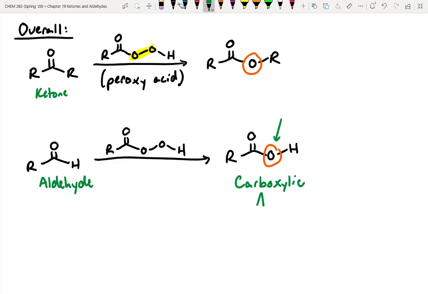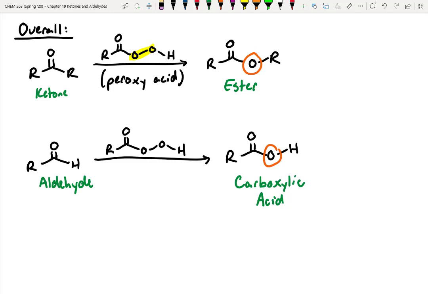So let's make a note there. With a ketone, you get an ester, but it's not always clear if the oxygen is delivered on the right side or the left side. That depends a lot on the identity of the R groups that are attached. So we do need to pay attention to the R groups that are in place on our ketone.